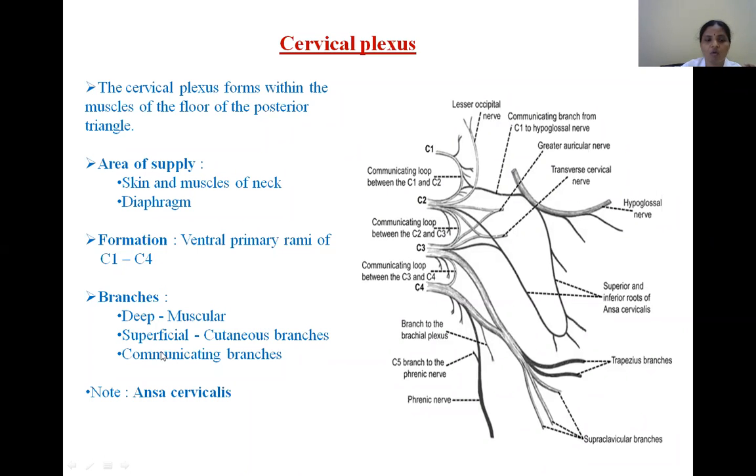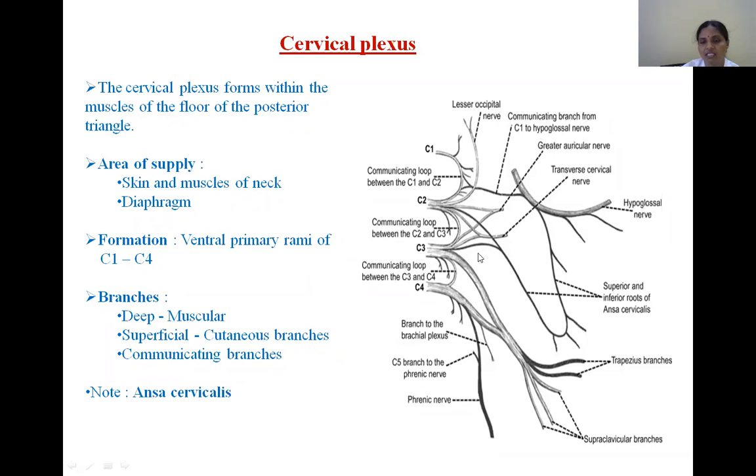Okay. Then what are the superficial branches? The name indicates superficial. They are entering the superficial structure. So what is that superficial structure? Superficial fascia. So why are they appreciated in the superficial fascia? To supply the skin. So the skin of the neck is supplied by these superficial branches of the cervical plexus.